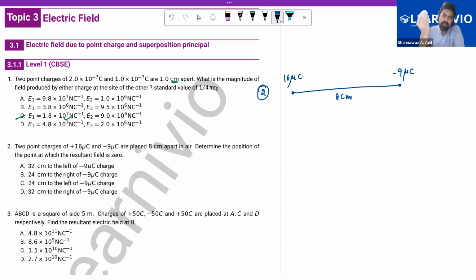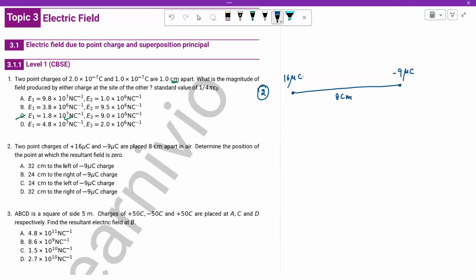Does this question remind you of any other ideas that we have done at some stages? Okay, so what about the equilibrium condition?